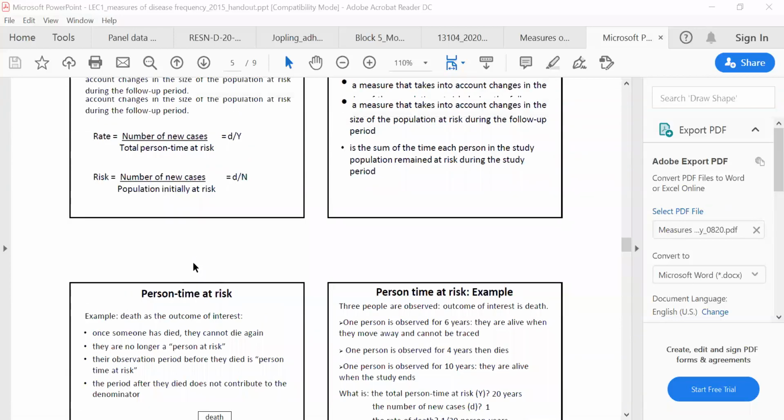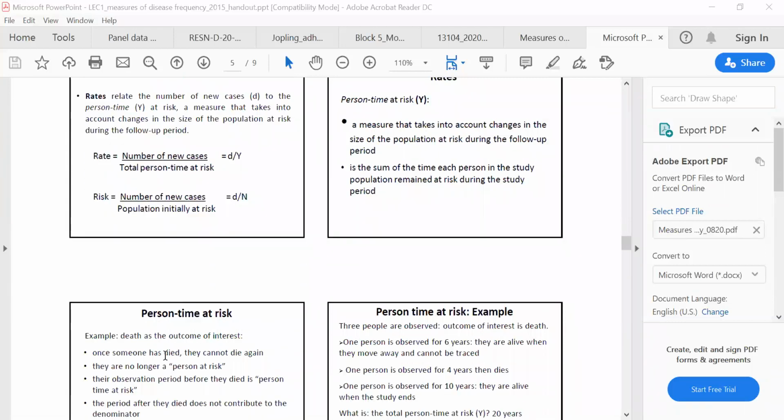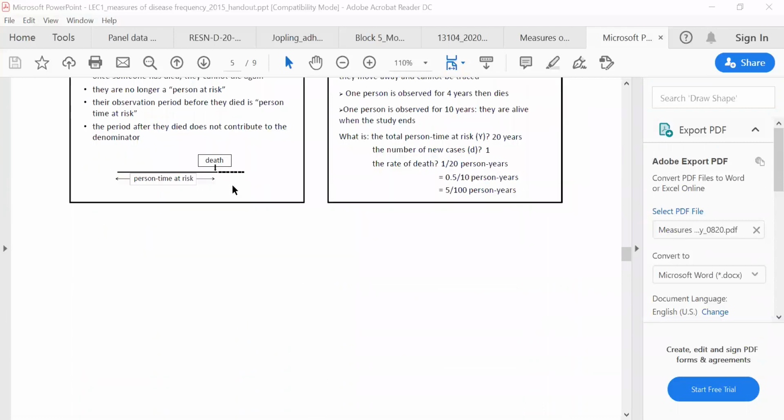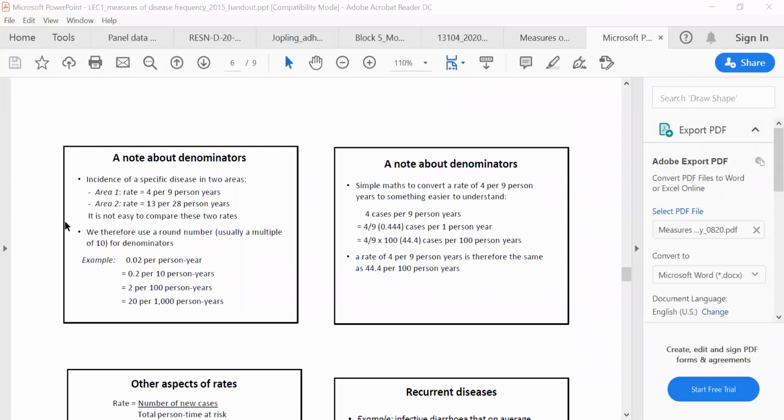But one of the things you need to understand, which is important for rates, is that our denominator is the total person time, which is the time which people have been followed up. You can read about your denominators.